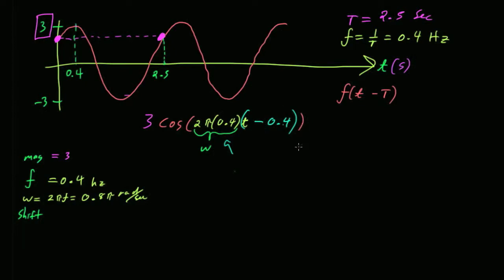So the other way I could say it is I could basically just distribute and say 3 cosine of 2 pi times 0.4 t minus, and then just multiply through. So if I do that, I'll get 2 pi times, let's see, what's 0.4 times 0.4?